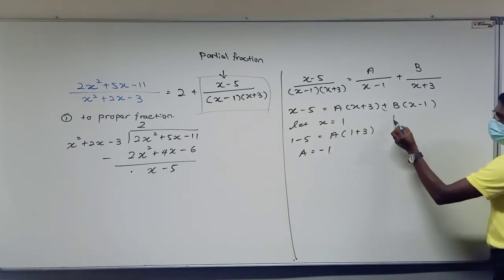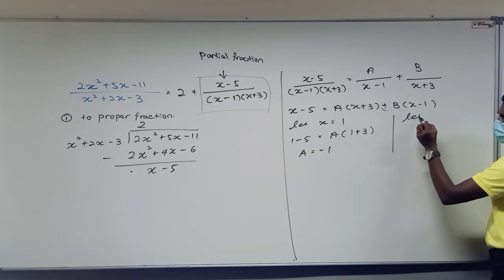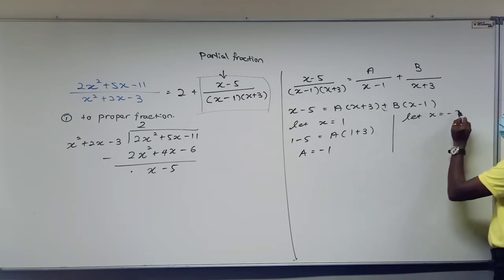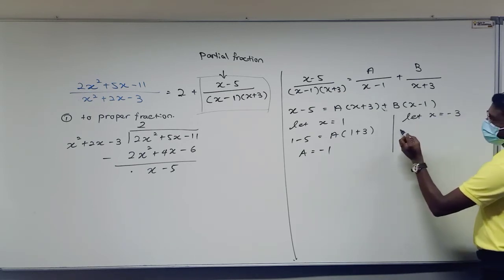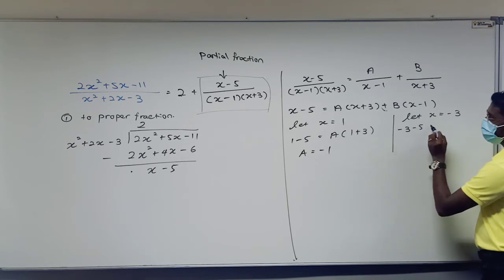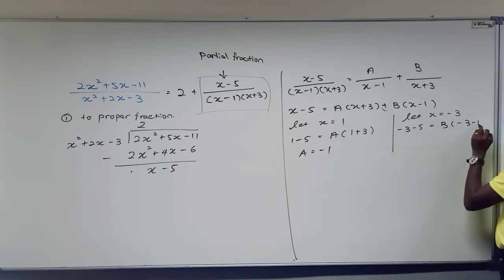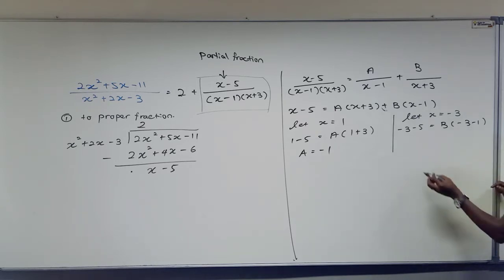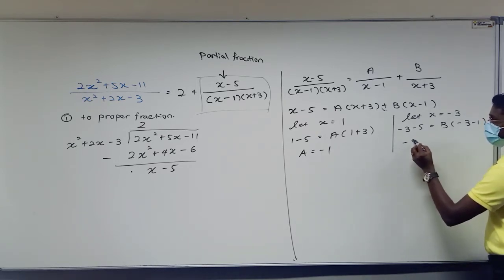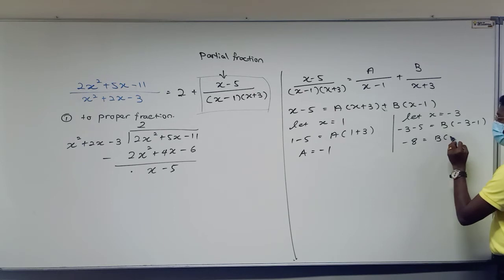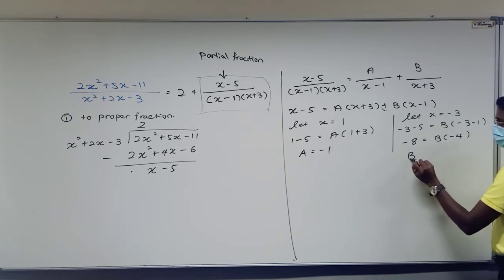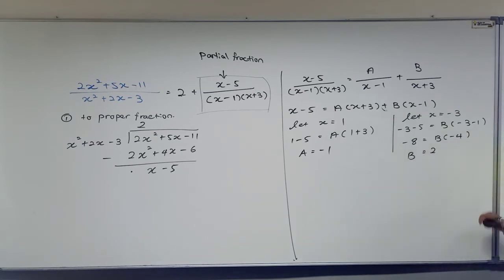And then for b, let x equal to negative 3. So negative 3 minus 5 is going to be b times negative 3 minus 1. So negative 8 equals b times negative 4. So b equals 2.